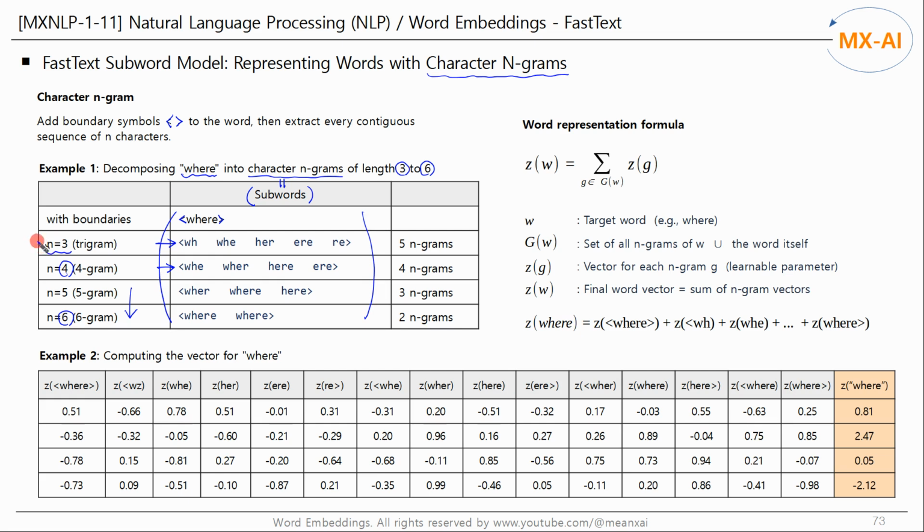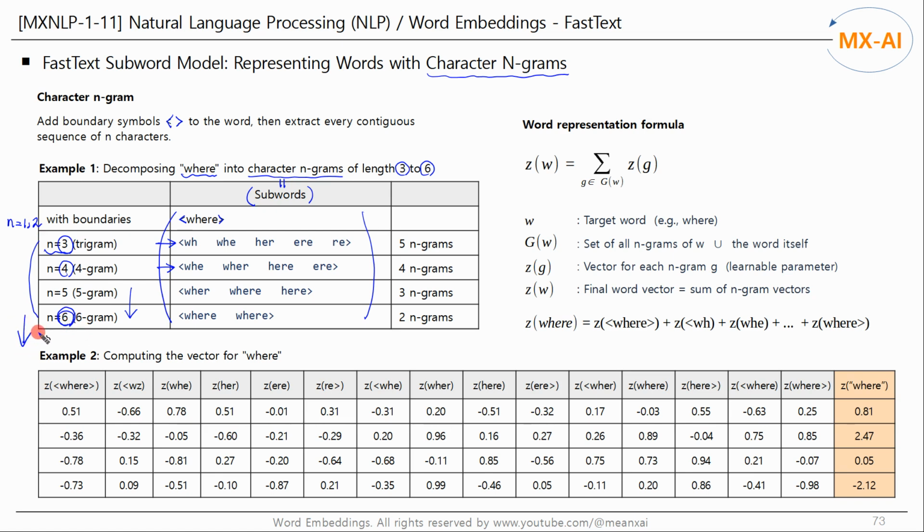The authors chose an n-gram length range from 3 to 6 based on empirical observations. A minimum length of 3 ensures that each n-gram carries meaningful morphological information. This is because single characters or bigrams are usually too short to capture useful subword patterns. Setting the maximum length to 6 is mainly a practical design choice.